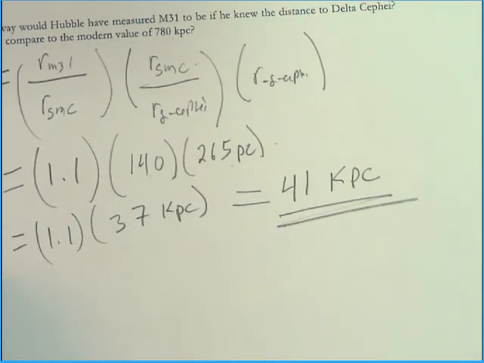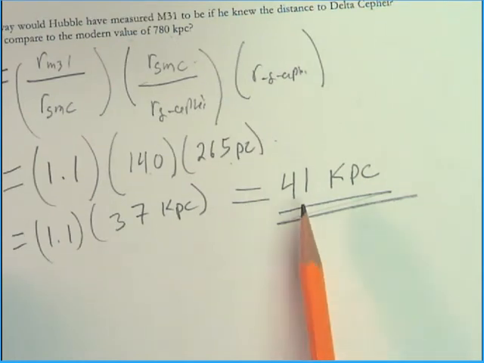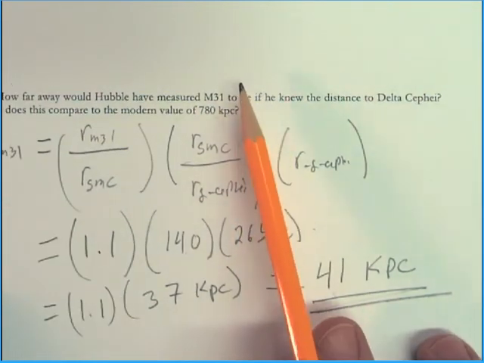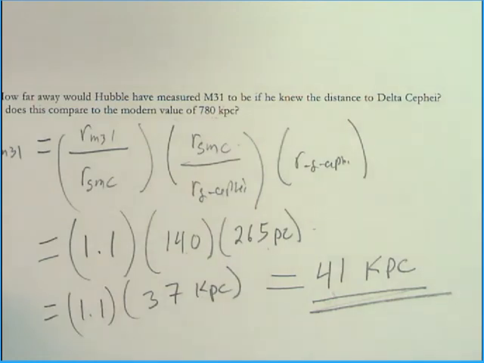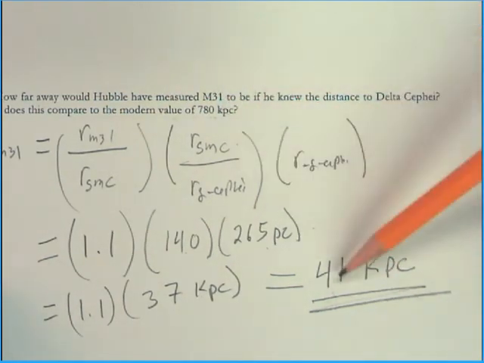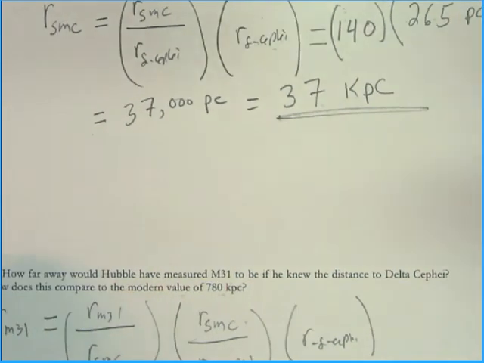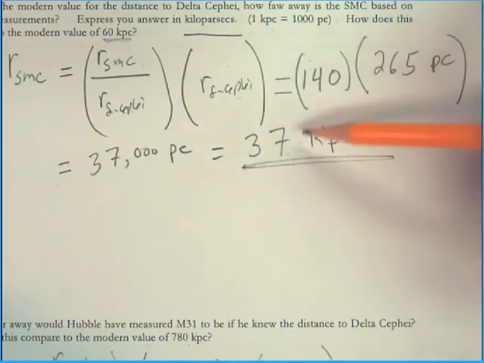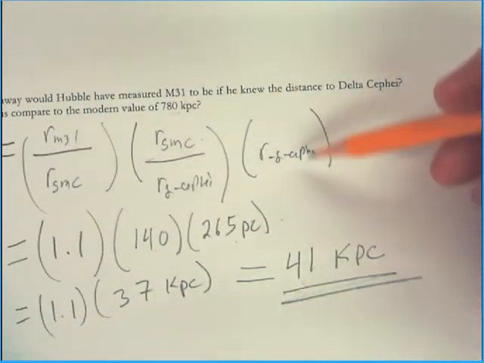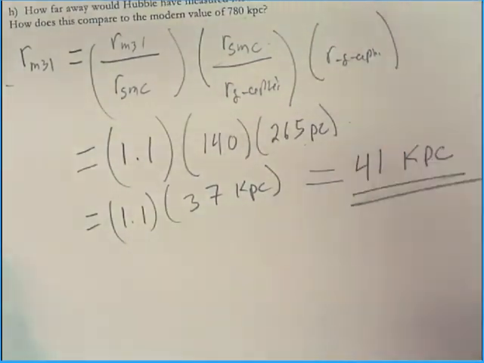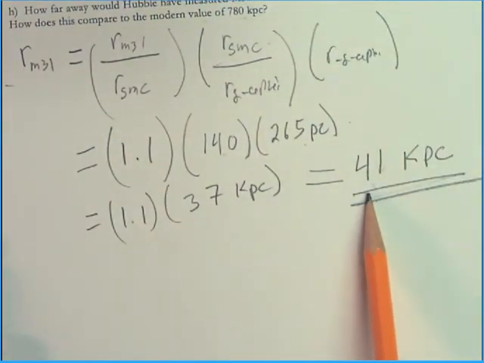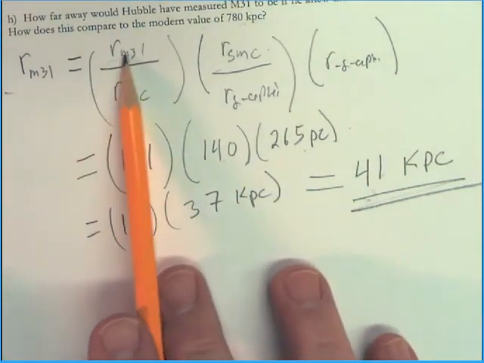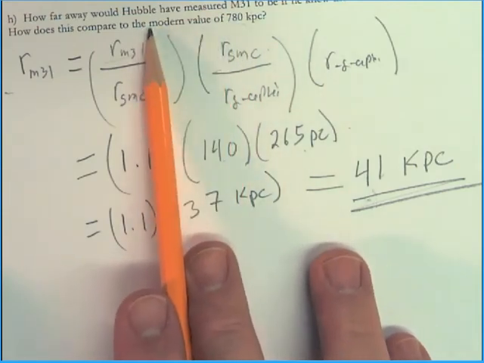Now, this is nowhere near the modern value of 780. And notice it's nowhere near by over a factor of 10. Now, part of that is because of this value here, and part of that is based on his measurements. So we want to figure out what he would have gotten if he actually knew the distance to the SMC perfectly.